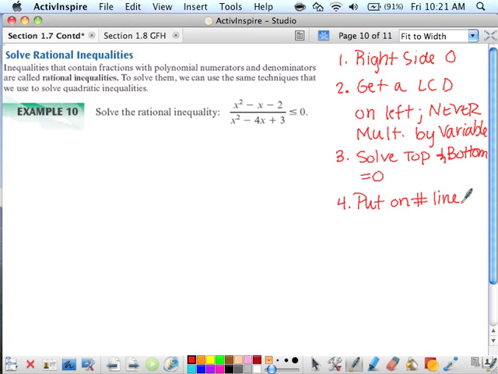Okay, so once you have your number line, it's just like before. You pick a test number from each section, plug it back into the original or somewhere very close to the original. Doesn't really matter what step you plug into. And then you see where it's true or false and shade where it's true.